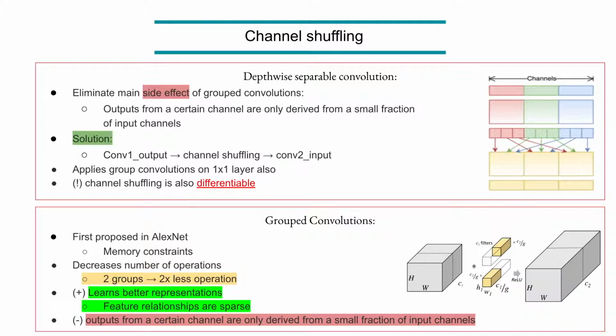Since right now we don't have any memory constraints, we can do a group convolution in one GPU and make shuffling again and go further to the next layers. The main side effect was that output from a certain channel is only derived from a small fraction of input channels, and the solution is shuffling after each layer.